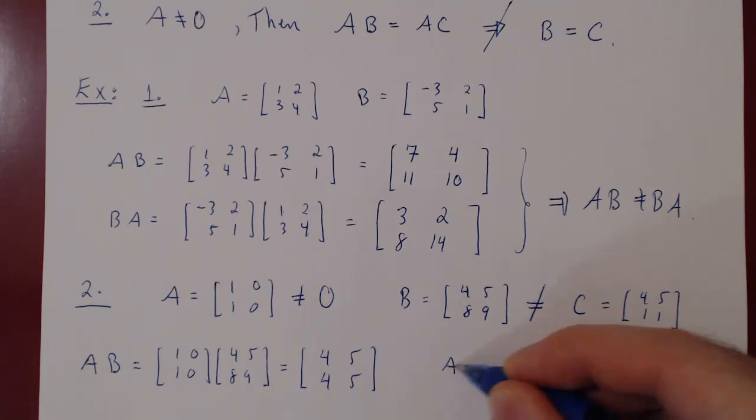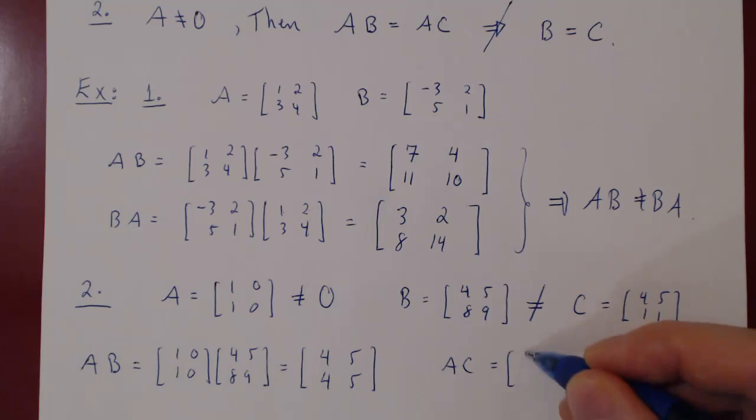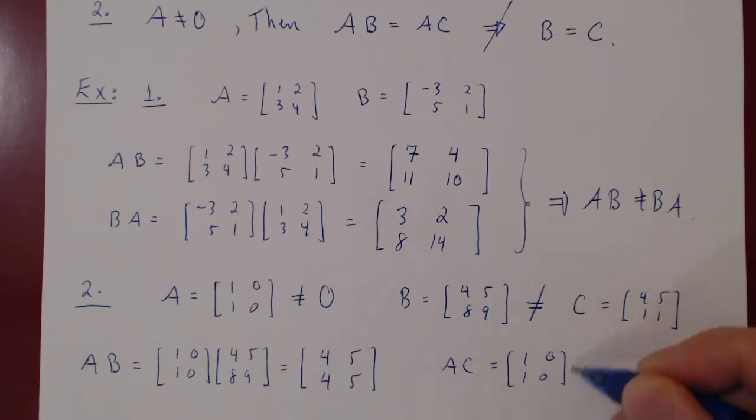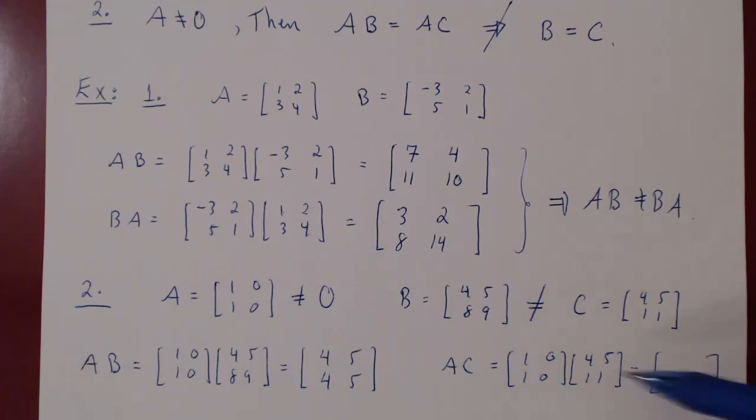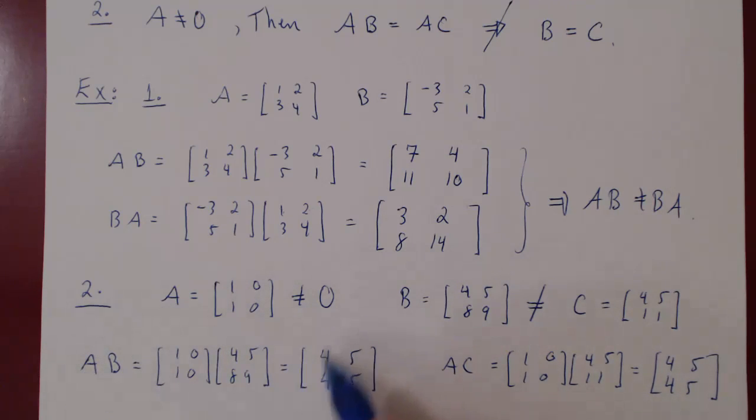Let's compute AC. Well, 4 plus 0, 4. 5 plus 0, 5. The second row is the same as the first row, which will give us the same second row. 4, 5, 4, 5. And you can clearly see that AB and AC are equal.